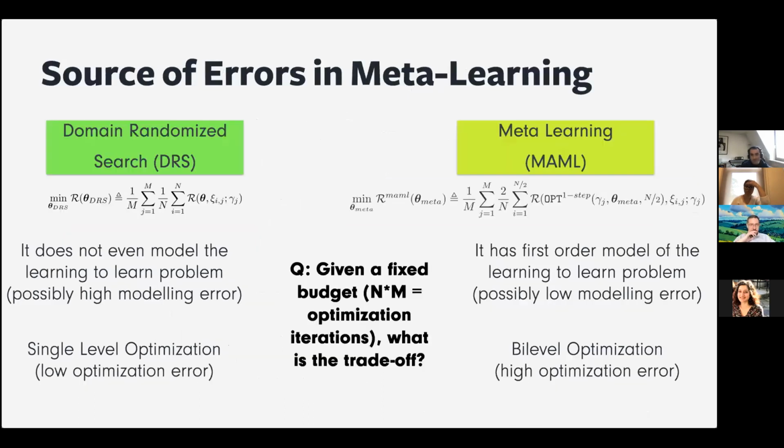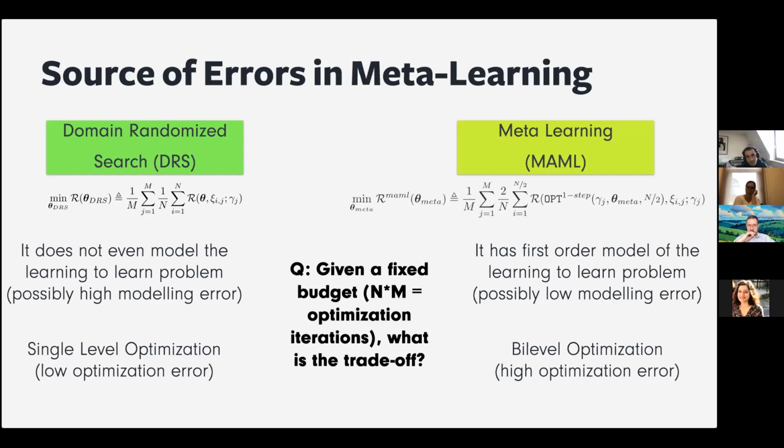So then, of course, the important question we ask is: while going from this domain randomized search, or empirical risk minimization, to MAML, we made a costly approximation. We went from single-level optimization to bilevel optimization. So it means that if I have the exact same fixed budget, my error will be much larger.